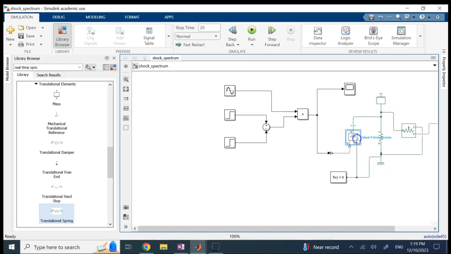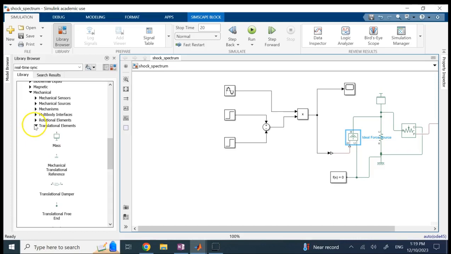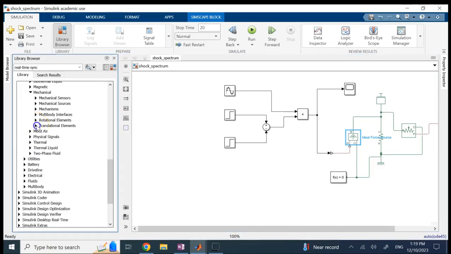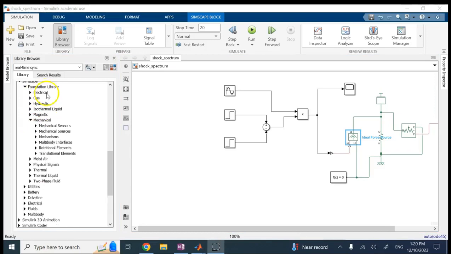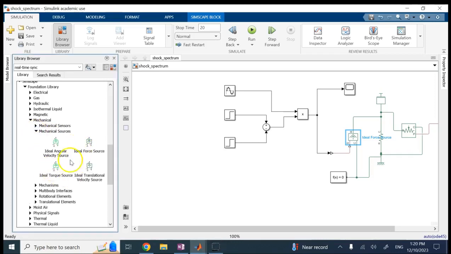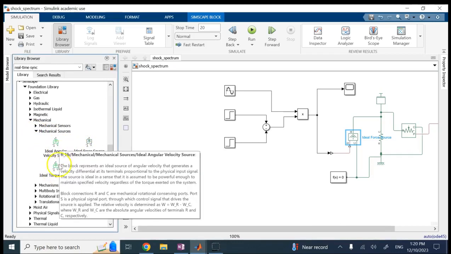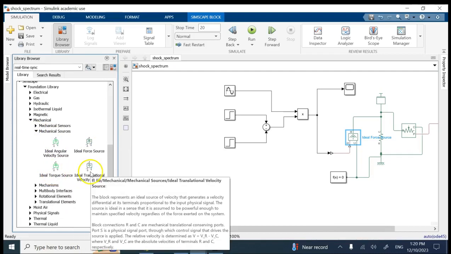And then I bring this guy, which is called Ideal Force, which is going to simulate my half sine wave. So under Simscape, under Foundation Library, under Mechanical, you go to Mechanical Sources. And you see there is Ideal Force Source, Ideal Angular Velocity, Ideal Torque, Ideal Translational Velocity.